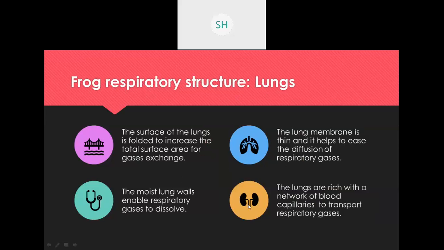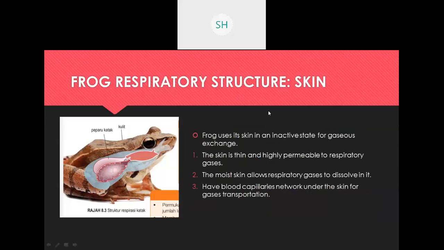Now we move to the frog respiratory structure, which is the skin. The frog uses its skin in the inactive state for gas exchange. The skin is very thin and highly permeable to the respiratory gases, so the oxygen and the carbon dioxide can diffuse in and out through the skin of the frog.